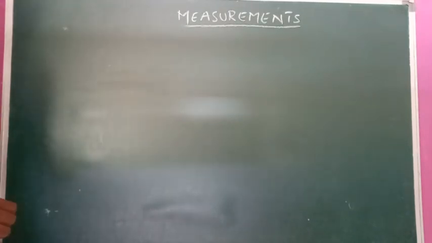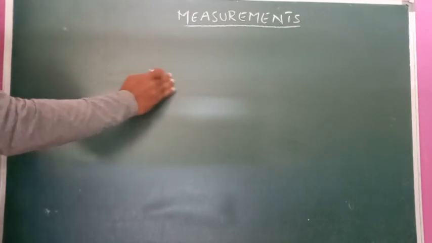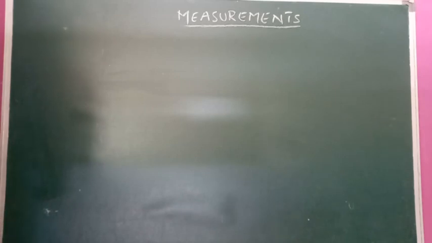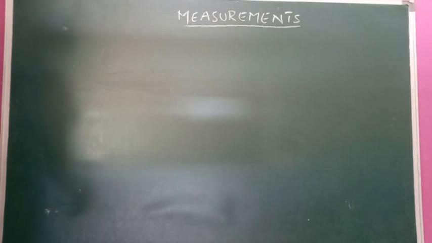Next, in these conversions, here I am giving you a few direct values. Each and every time we may not write centimeter cube as centimeter into centimeter into centimeter. These are the basic values. If you remember these values, we can place them directly while doing the problems.